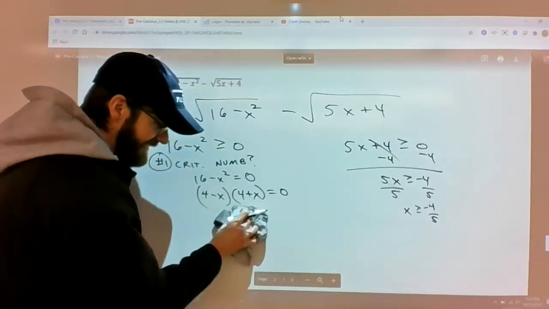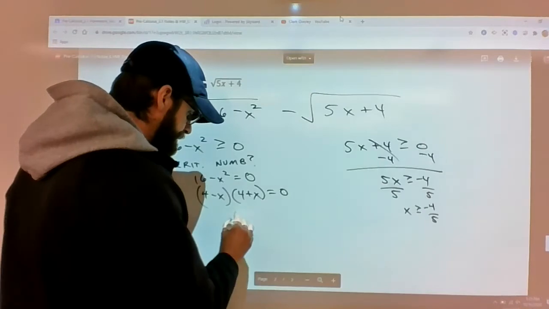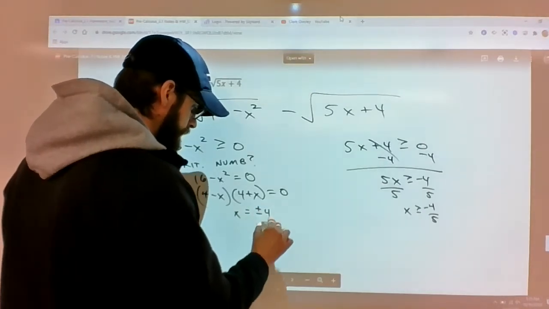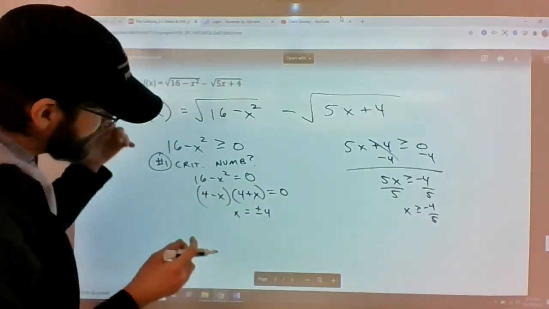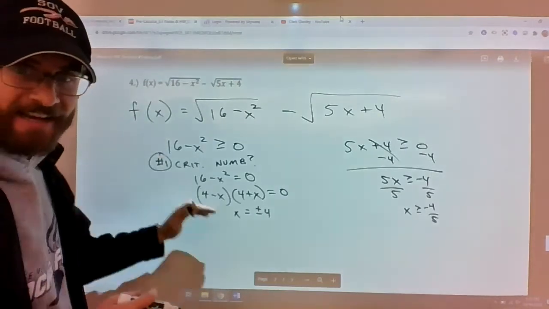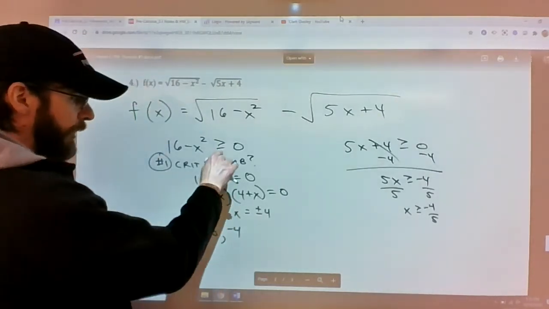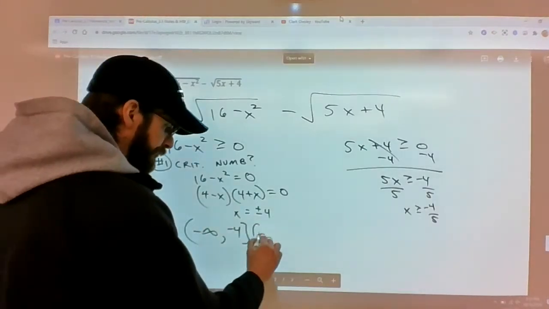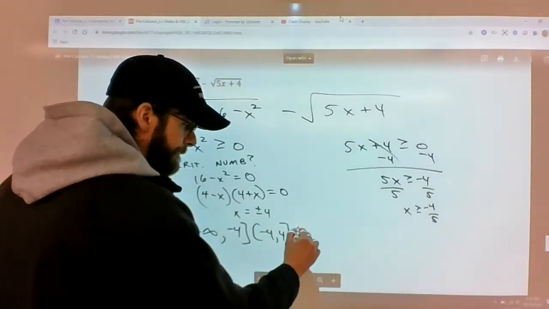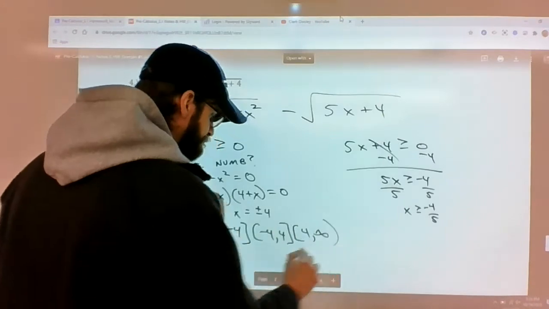It's not that they can't equal. Those are my critical numbers. So to figure out where this lives, I got to test these. So I got to go from negative infinity to negative 4, bracket, negative 4 to 4, also bracketed, and then 4 to infinity.